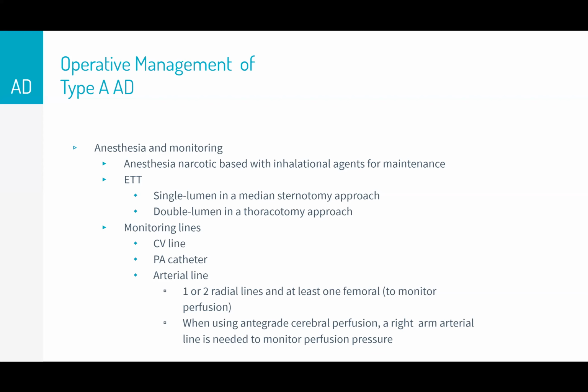Type A can extend to the descending. If it extends, what will you do? Tell me now. Let's say he's a Marfan patient. Okay, I will give you a scenario. Sorry, Hussein, for the interruption. You have type A involving the root, ascending aorta, all the arch, and descending aorta.